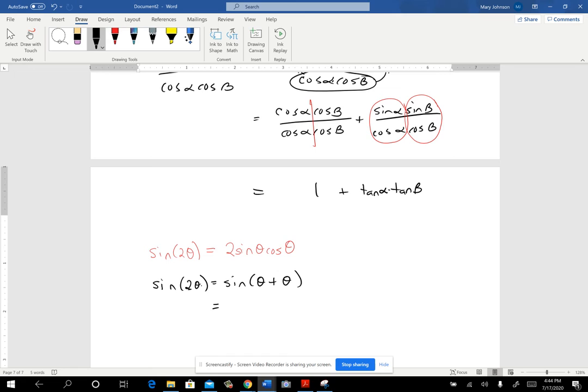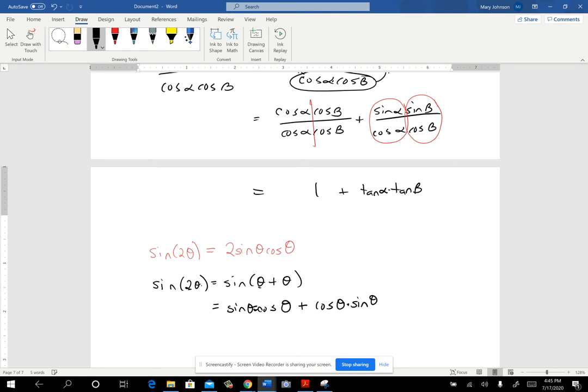Now I can go to the formula for the sine of a sum, and that's going to be sine of theta cosine theta plus cosine the first, sine the last. And they just happen to all be thetas, though, didn't they? And this is times, isn't it?